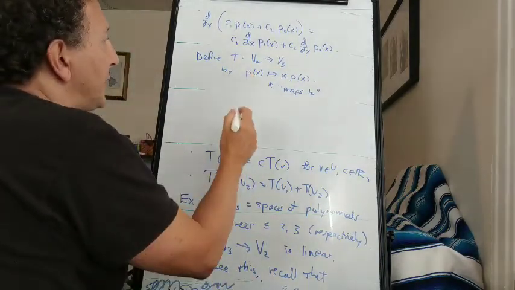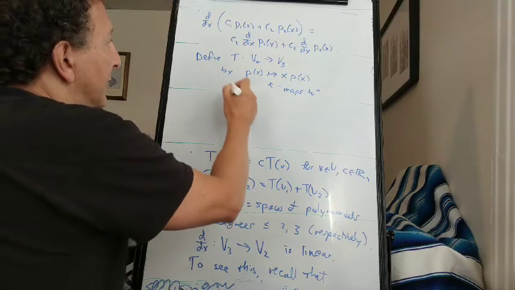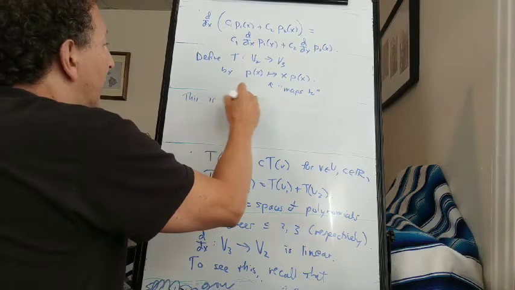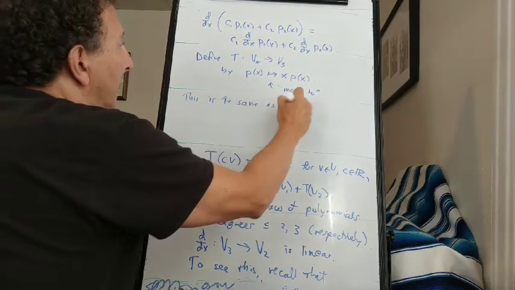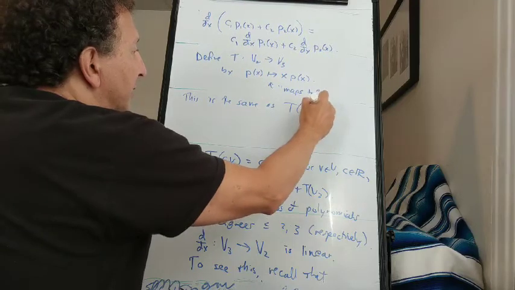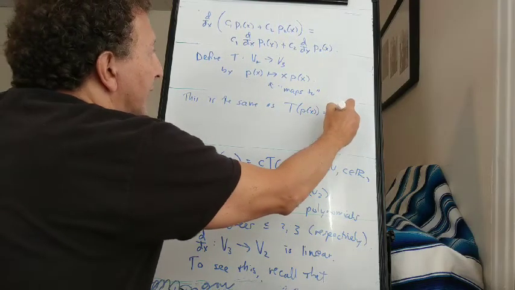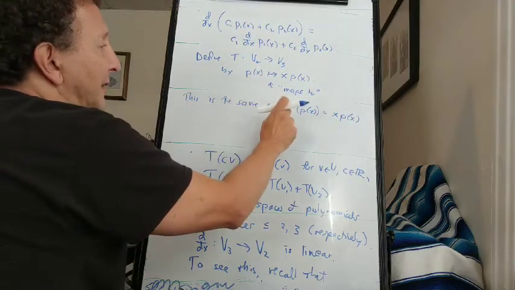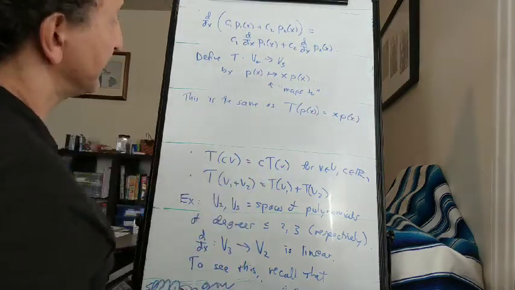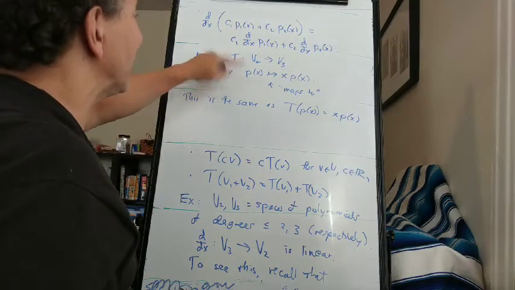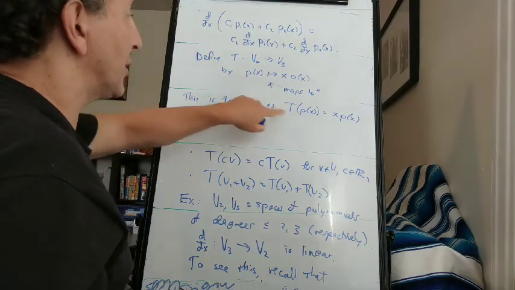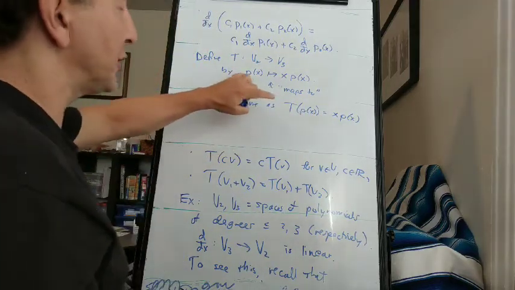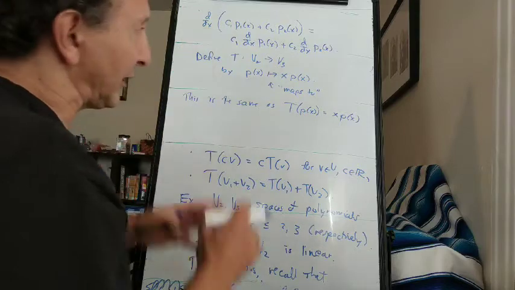So one thing maps to another is the same as saying T of p of x equals x p of x. The only difference is here I didn't bother writing the T in the parentheses. I don't save a whole lot by doing this, but it's a tiny bit shorter to write.